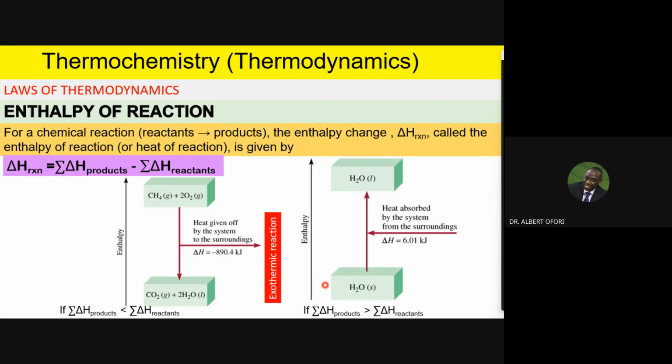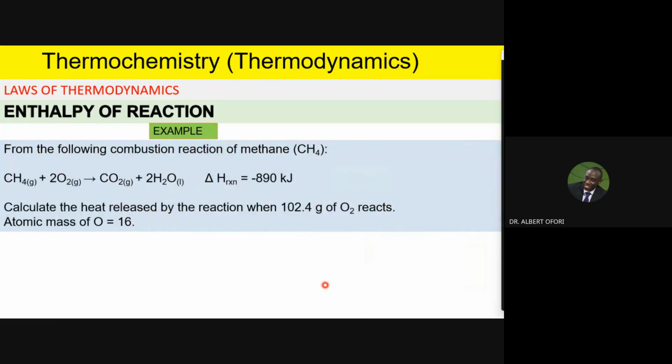So we can find the enthalpy change of a reaction. And that's how we do that. So for example, I have this thermochemical equation, which I stated earlier. Now, this is how we write it.